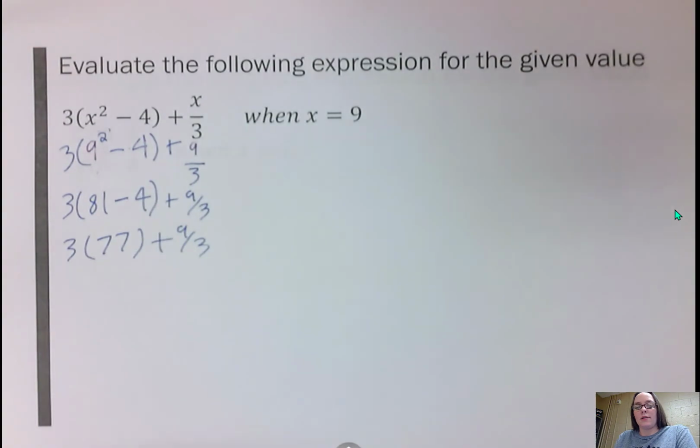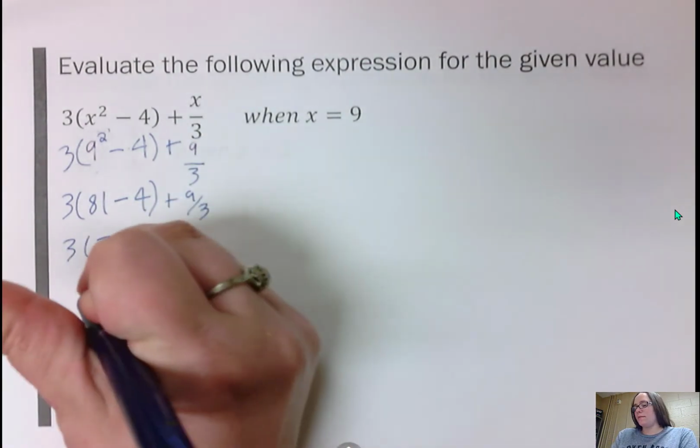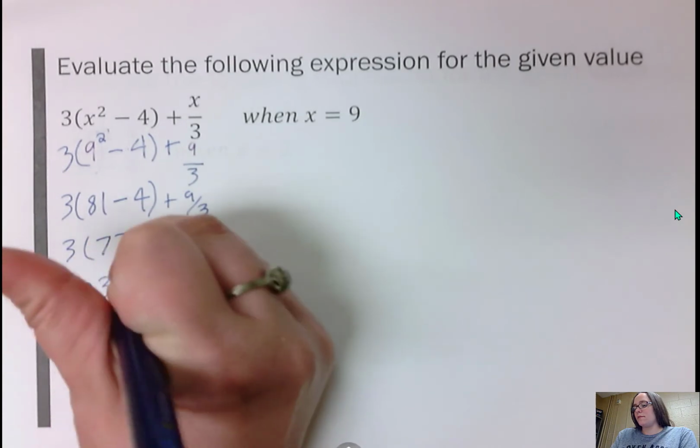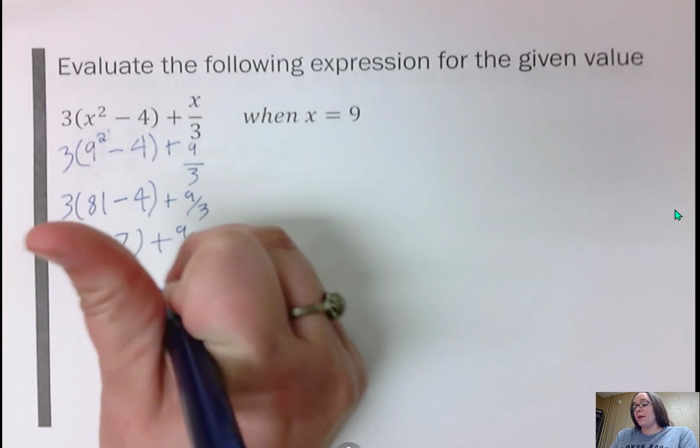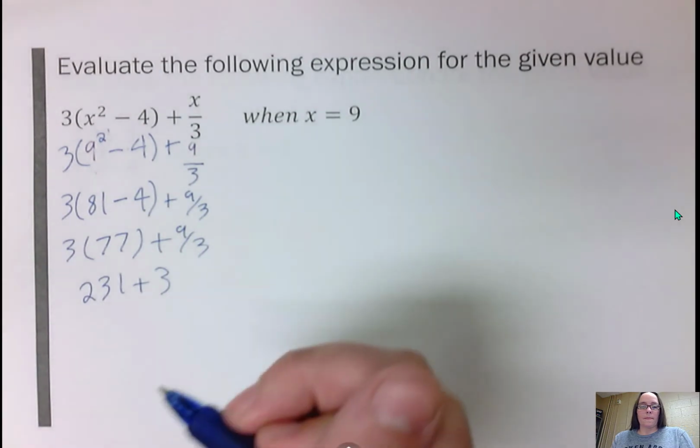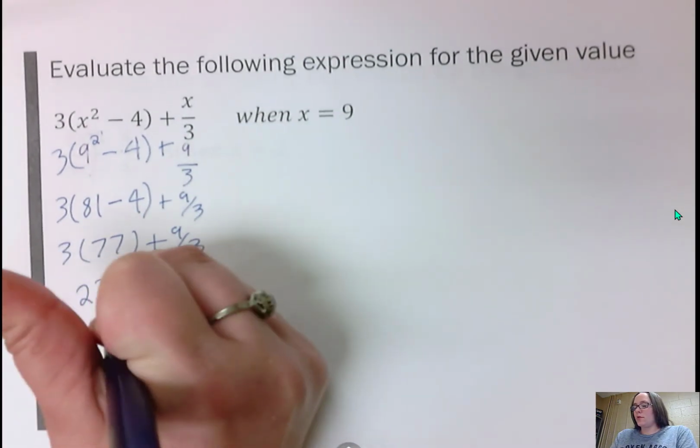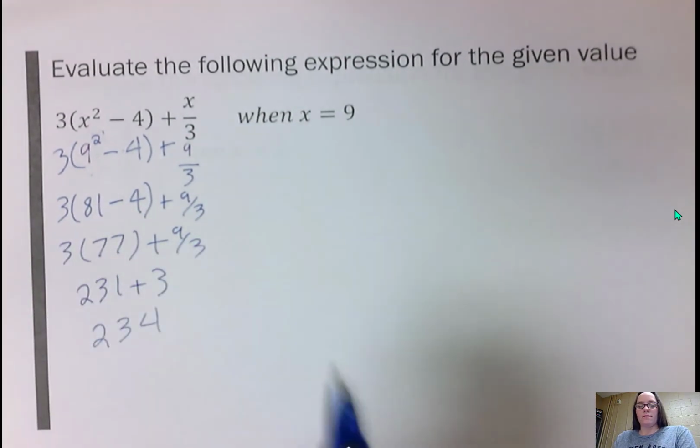Now I can do my order of operations from left to right with multiply, divide. 3 times 77 is 231. Plus 9 divided by 3 is 3. So we get 234.